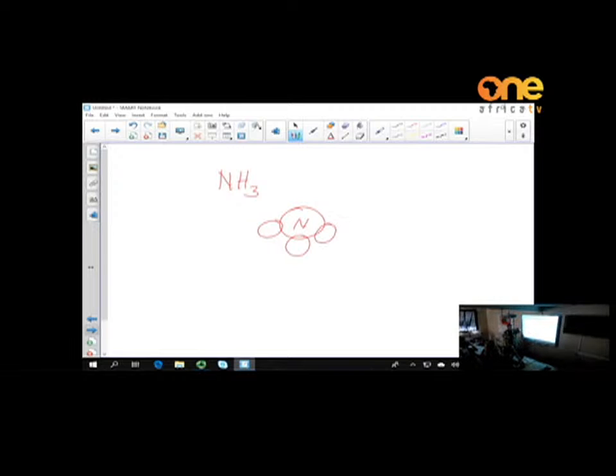It's difficult to draw because it's a flat surface, all right, and the molecules are 3-dimensional. But it's got like a tripod, like a triangular foot. Okay? So the ammonia would be an example of a pyramidal shape. And we'll have a look at those angles in a moment.